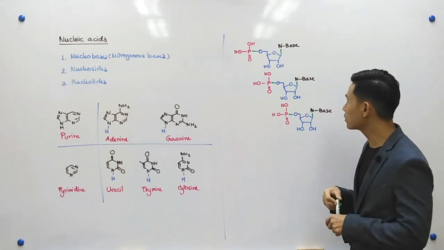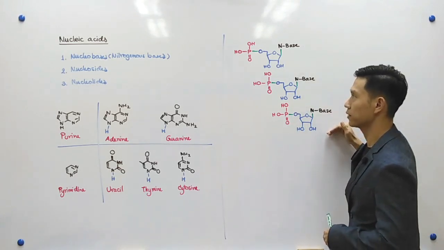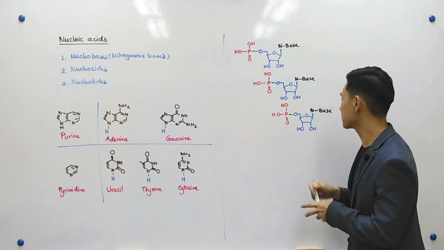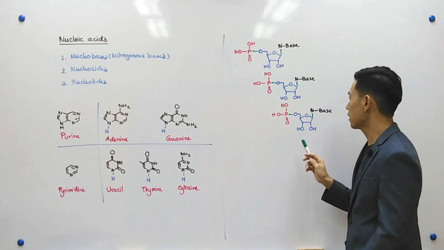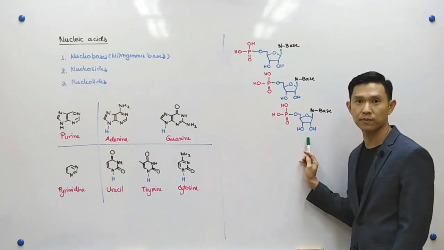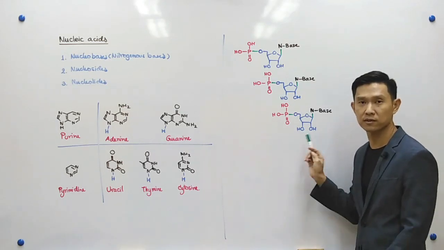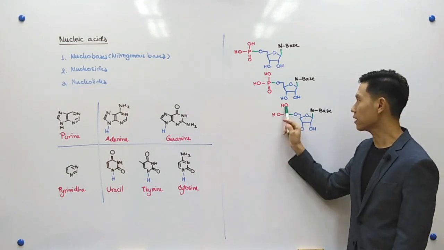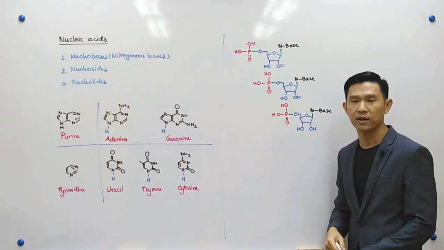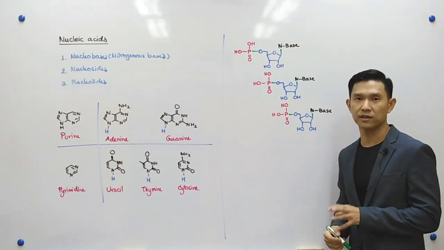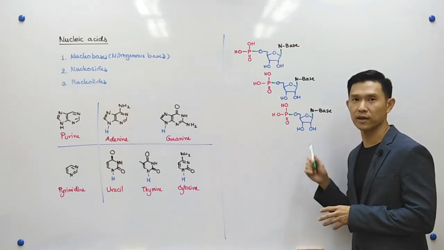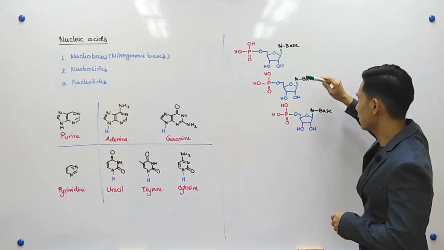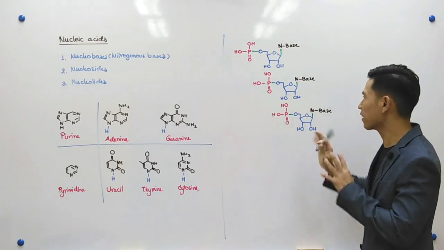Now, as I show you here, we have 3 nucleotides. With the nucleotide structure, you still have 2 OH groups left in the ribose sugar moiety, and on the phosphoric acid, you still have 2 OH groups. As you know, the phosphoric acid OH can condense with the alcohol parts. So here, you have so many chances actually.